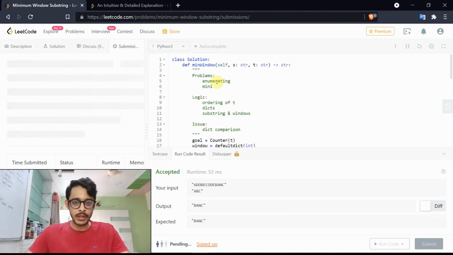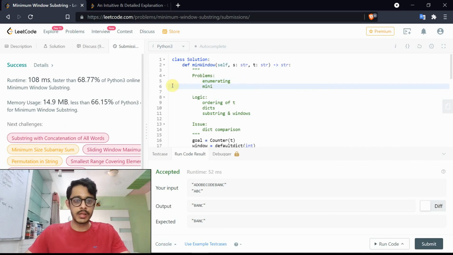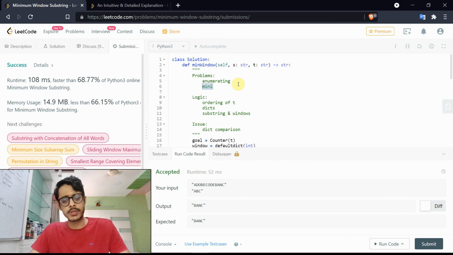So again, enumerating was one big issue that this problem wanted us to solve. There could be n squared total valid substrings, but we wanted a better way to enumerate them. And we did that by windows. We also wanted to find the minimum possible of those.